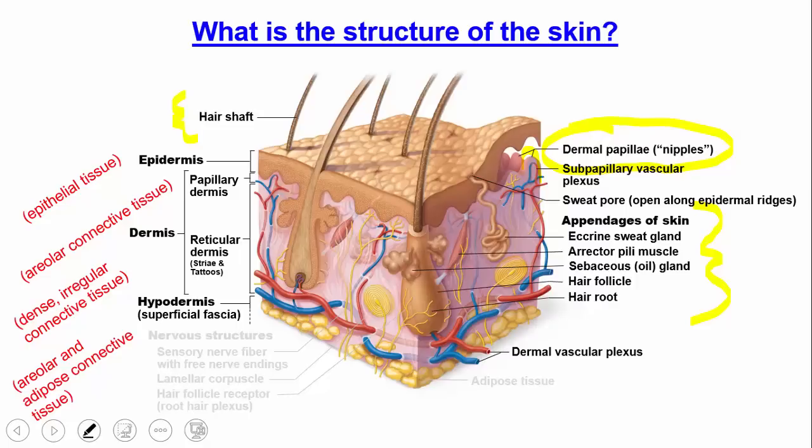Something else that's sort of neat to notice is that you do have vasculature here, you do have vasculature here. And something else to notice is that you do have these sweat pores right over here that go up along these epidermal ridges. So when we talk about the dermal papillae and the dermis forming these ridges, those ridges actually extend up into the epidermis as well.